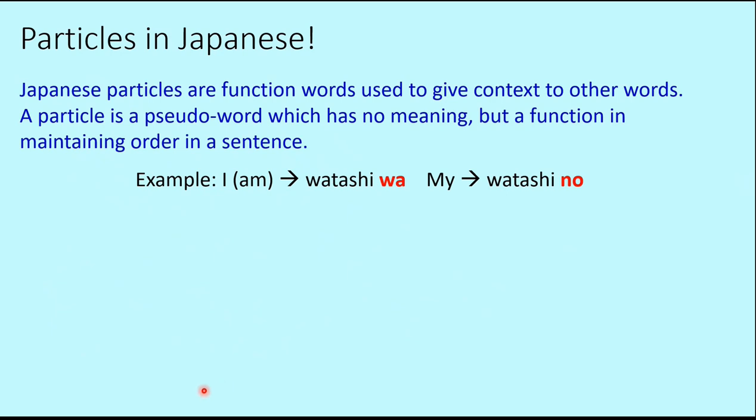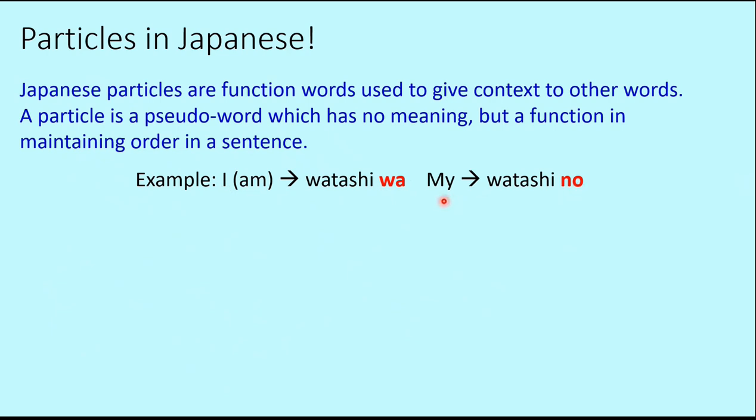For example, we have I and my. These are two totally different words in terms of spelling in English. But if you see here, in Japanese, we have watashi in both cases, but it is followed by an additional word, wa in case of I and no in case of my.